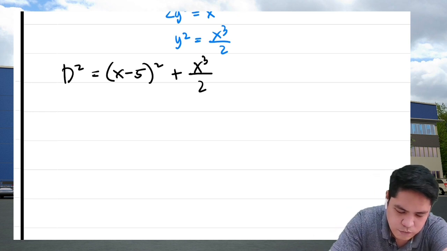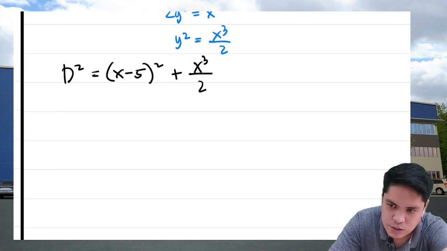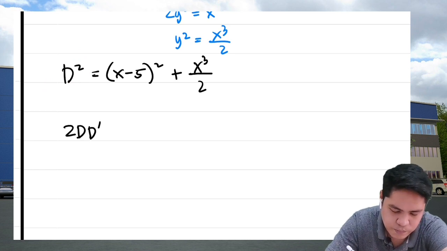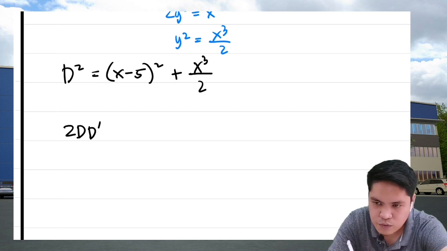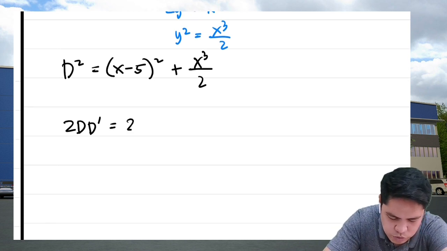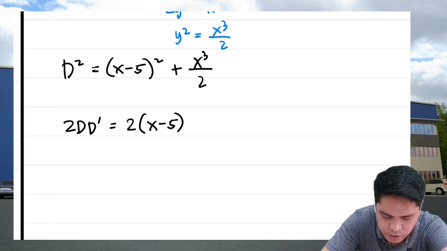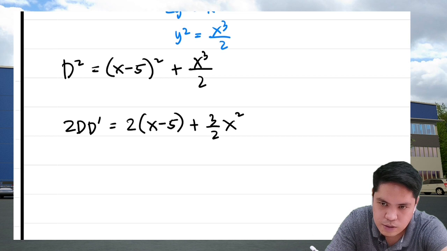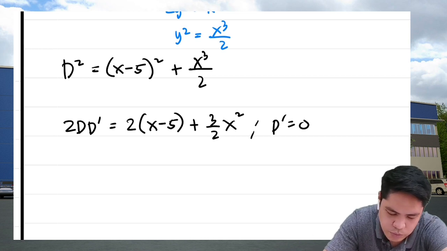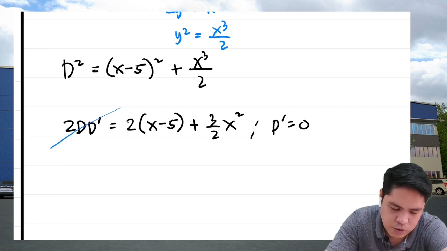So the derivative of d squared, implicit differentiation, that would be 2d d prime, right? Because we are getting the derivative of d with respect to x. So 2d d prime is equal to 2 times x minus 5 times 1 plus 3 halves x squared. Then if d prime is equal to 0, we could just cancel this out. That would be equal to 0.